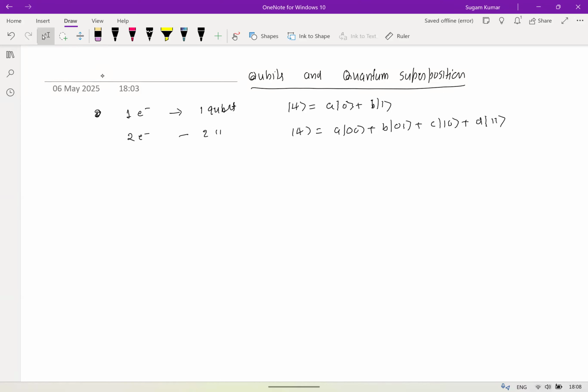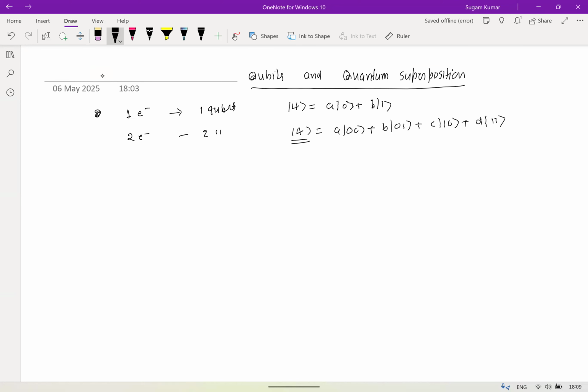So the idea was that in this superposition state, a lot of information is available. And I also discussed a bit about how this computation can be done, and through interference, how we can get the correct result out. That was something we did in the last class.